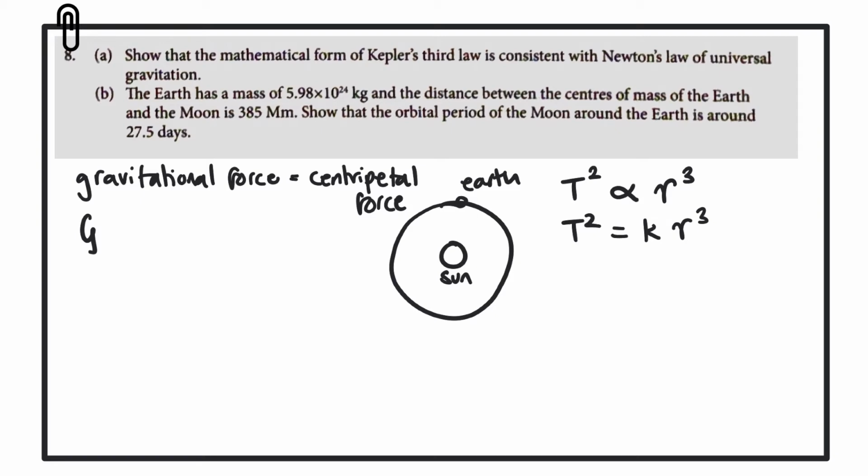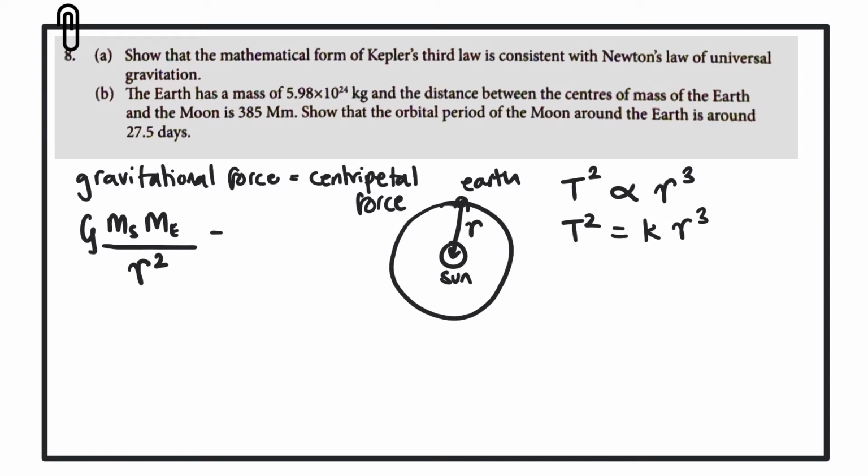In this case we're talking about the Sun and the Earth, so I'm going to use Ms for the Sun and Me for the Earth, divided by the separation squared. So the separation is how far from their centres they are separated.